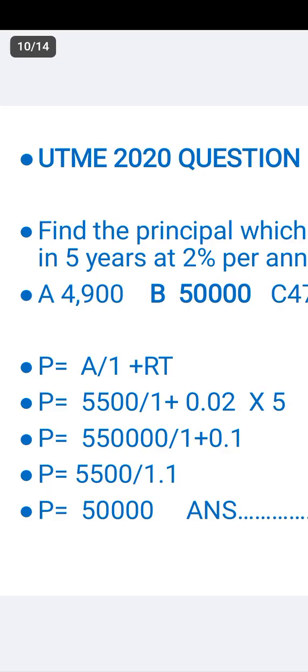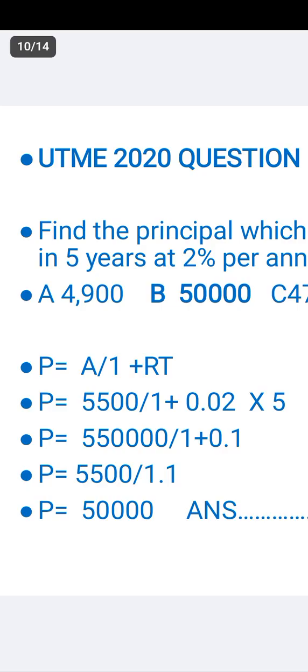This formula was derived. So it is the formula you will use to find the principal when the interest is not known. But if the interest is known, then you use the other formula. We say P is equal to simple interest over rate times what?